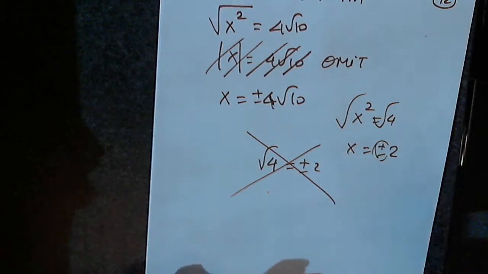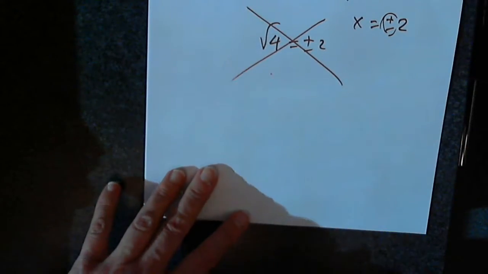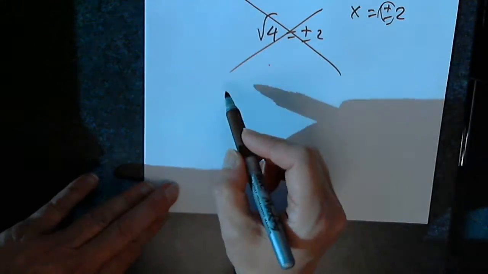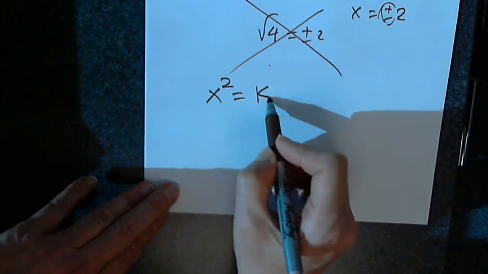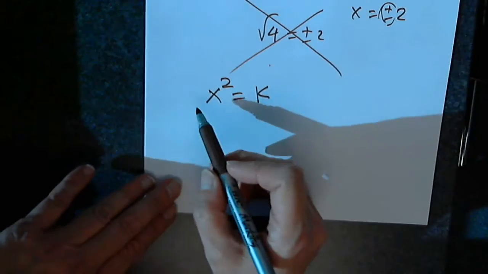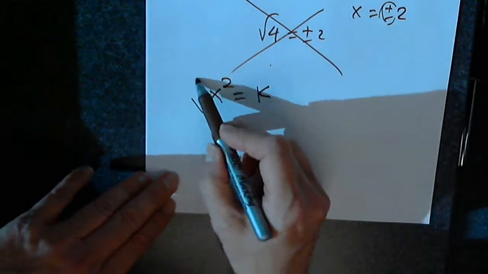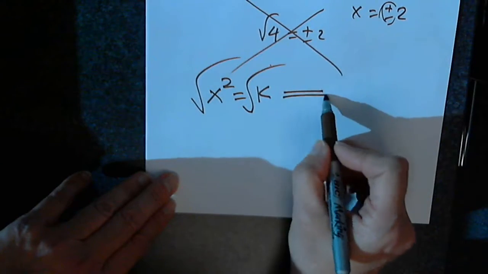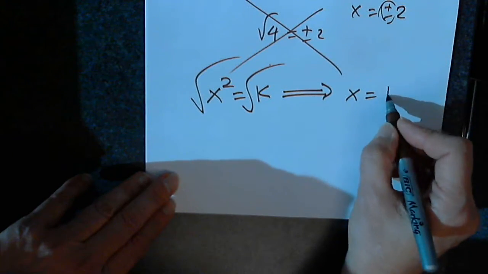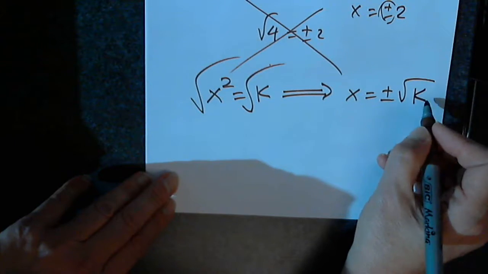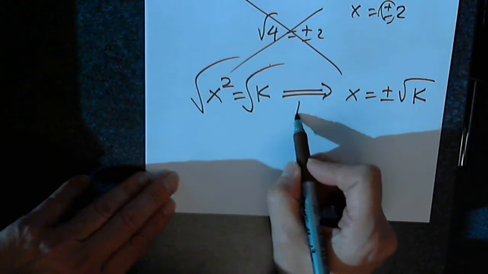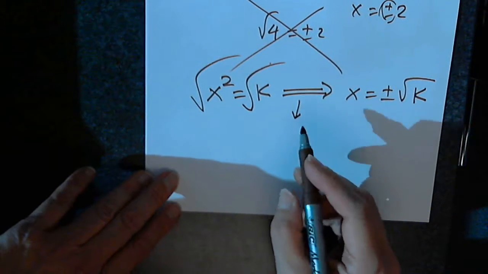That would be incorrect. So in general, the taking square root principle, so if I have x squared equals k, a number, positive or negative, when I take the square root, I immediately write x equals plus or minus the square root of k. But remember, there is an intermediate step.